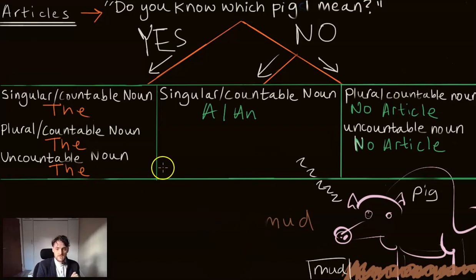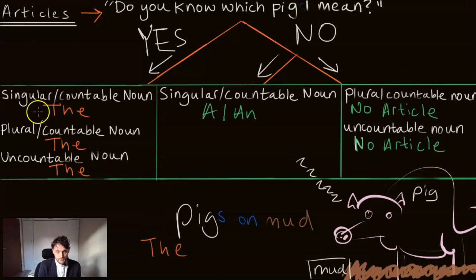So we could say, for example, pigs on mud. Or if we knew both the pig and the mud, we would say the pigs on the mud.